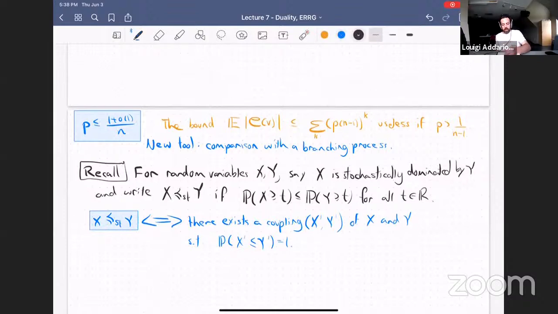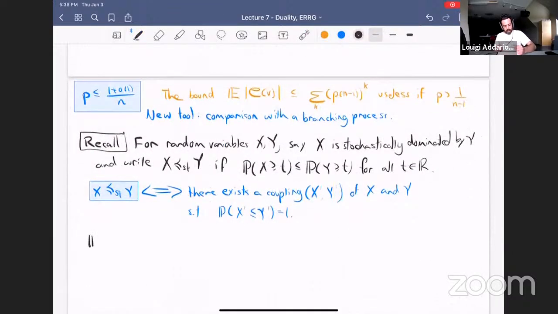Okay, so now with that notion at hand, I can state the relation between component sizes. So the stochastic relation I'm going to use first for component sizes. This says that for any p between 0 and 1, in fact, the way I'll state it holds for any p. It'll only be useful for certain values of p, but the fact is true for any p.